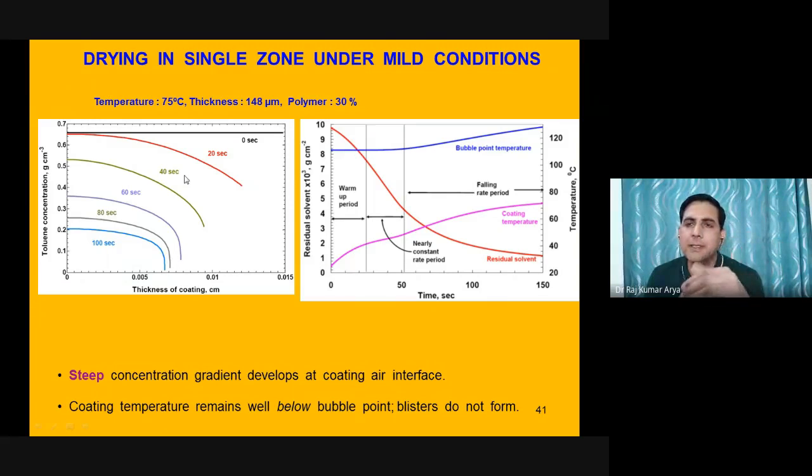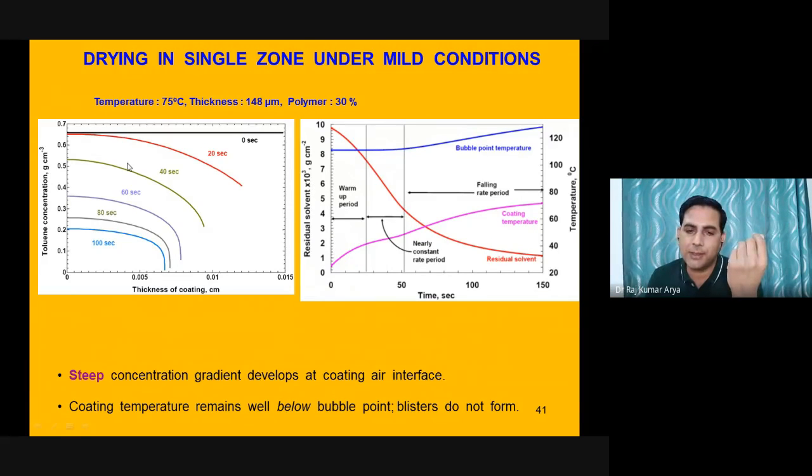Here, let's say we changed the temperature based on the solvent boiling point. We can give any temperature lower than the boiling point of the solvent, because we don't want to boil it. If you give a very low temperature, just like atmosphere, this is actually a temperature of 75 degrees Celsius in the case of toluene.